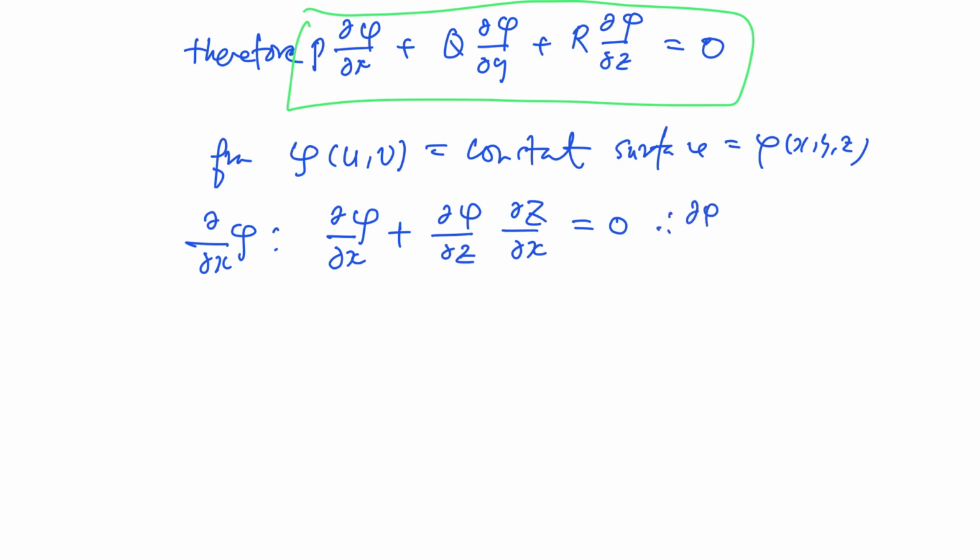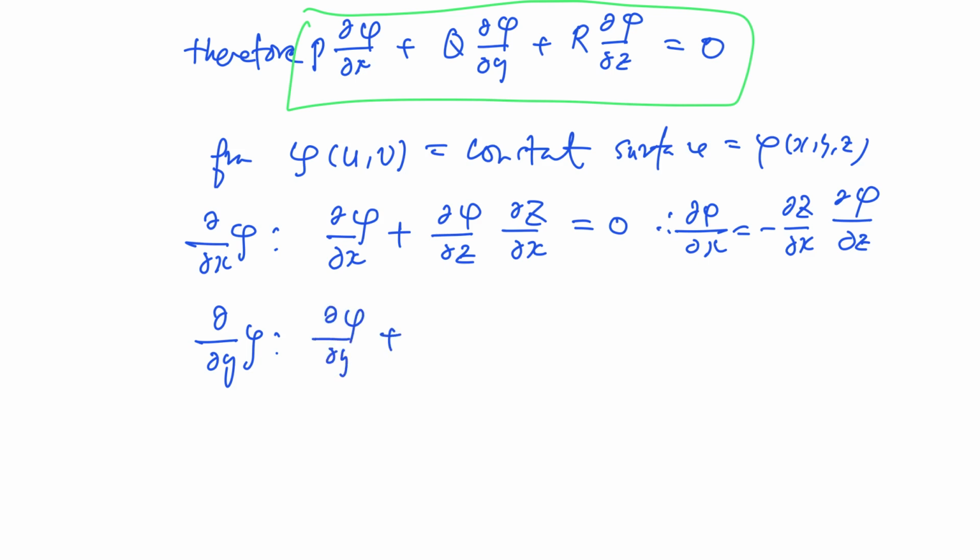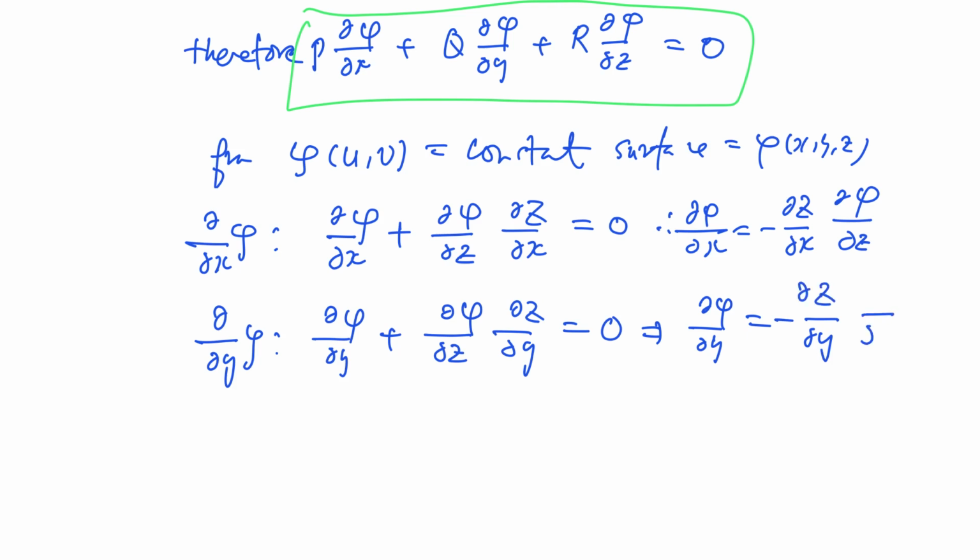Therefore, ∂psi/∂x is minus ∂z/∂x ∂psi/∂z. But likewise, y: ∂psi/∂y plus ∂psi/∂z ∂z/∂y is equal to 0. That means ∂psi/∂y is minus ∂z/∂y ∂psi/∂z.